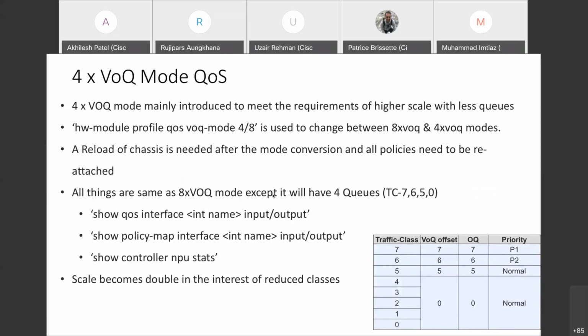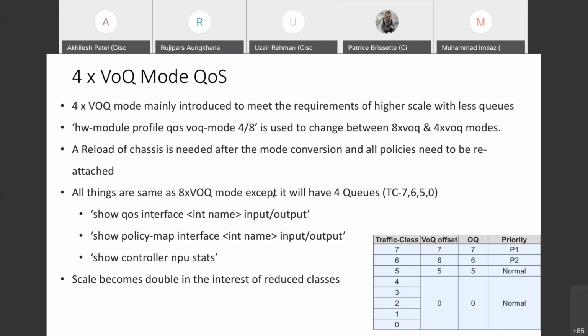Once we configure that, first of all, we have to reload the chassis for it to take effect, and then we'll have only 4 VOQs per egress interface. The rest of the commands will be the same; the output will just show you 4 VOQs. But it gives you more scale. You just double everything when it comes down to the scale.